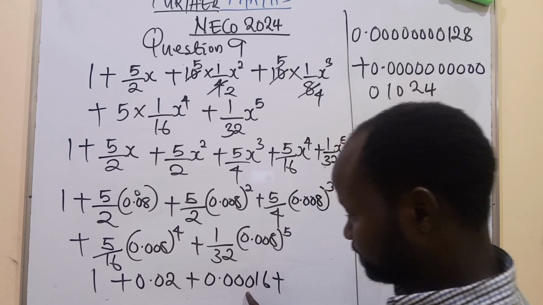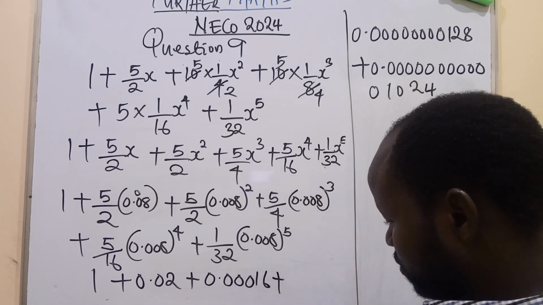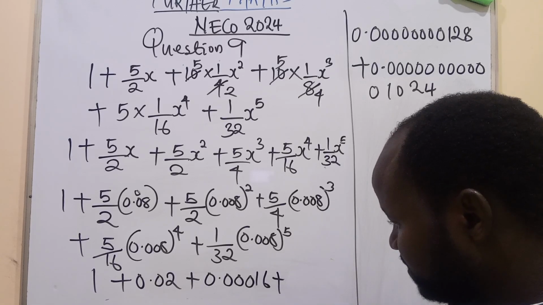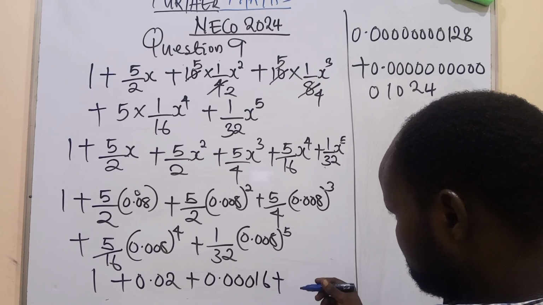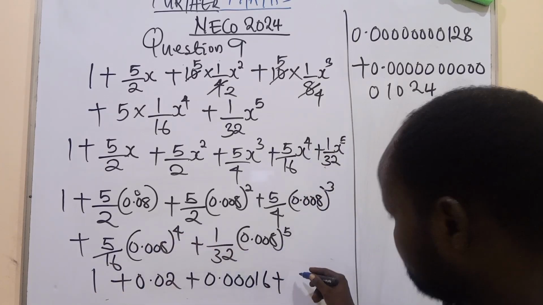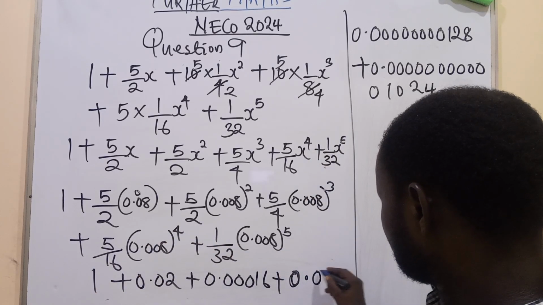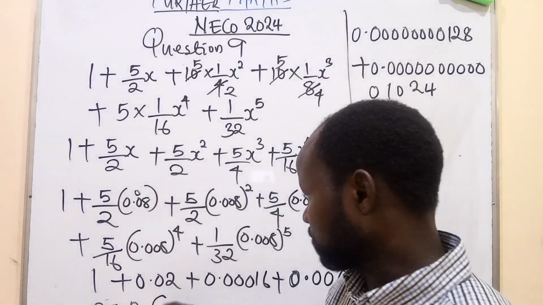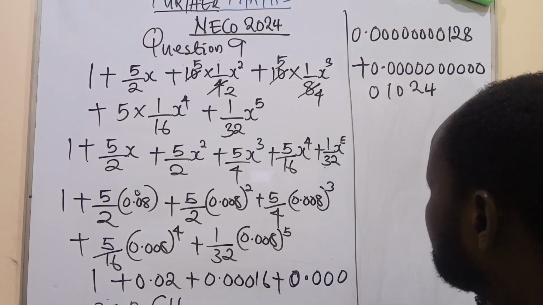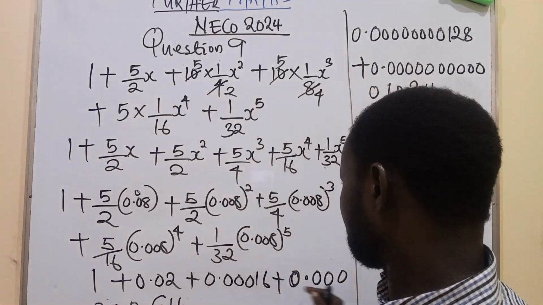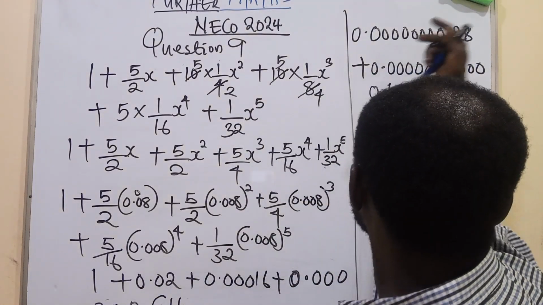We have this one. Okay, next, when r is 3, 0.008 power 3 times 5, then divided by 4. We're supposed to have this, that's 6 4. Then when r is 4, which is this, when r is 5. Okay, so we have 1, 2, 3, 4, 5, 6 now.